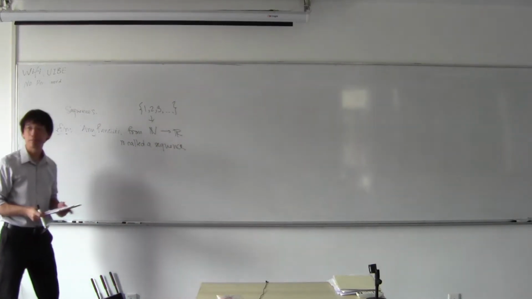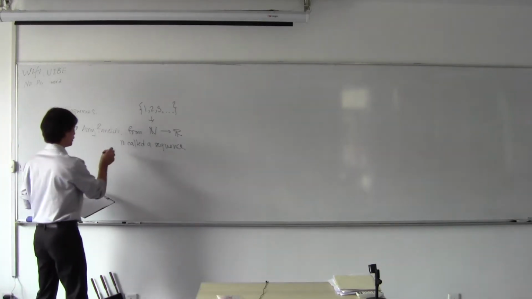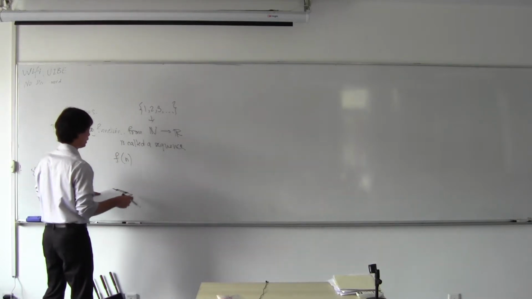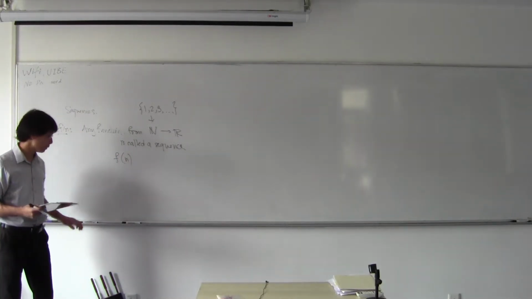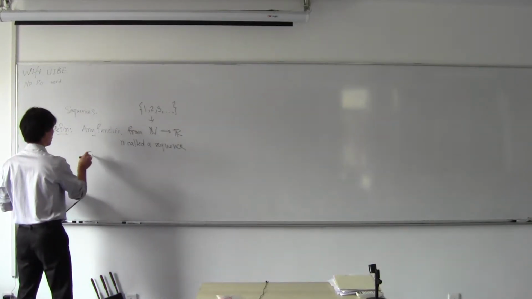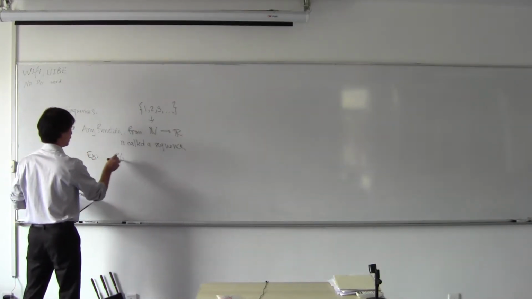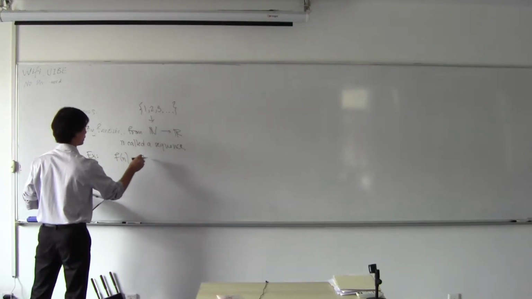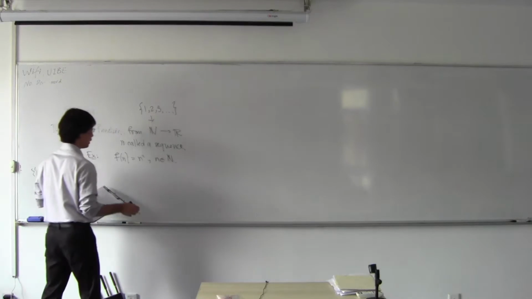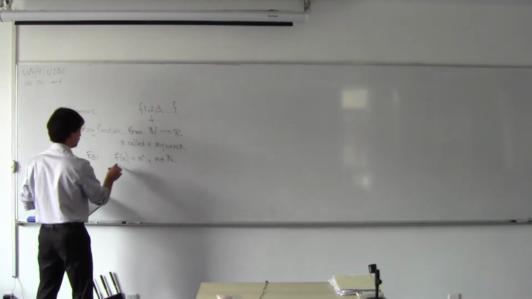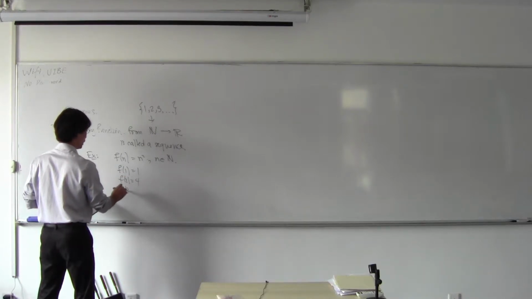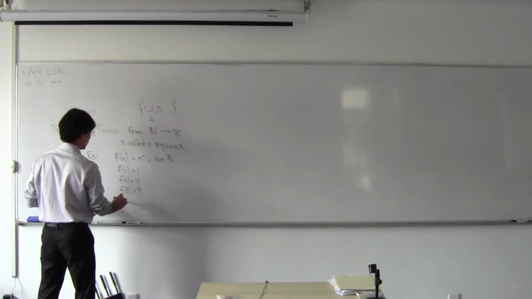So you have some function f. It takes in a number and just gives you back something. For example, if I say f of n is n squared, where n is in the natural numbers, then what I mean is that f of 1 is 1, f of 2 is 4, f of 3 is 9, forever.